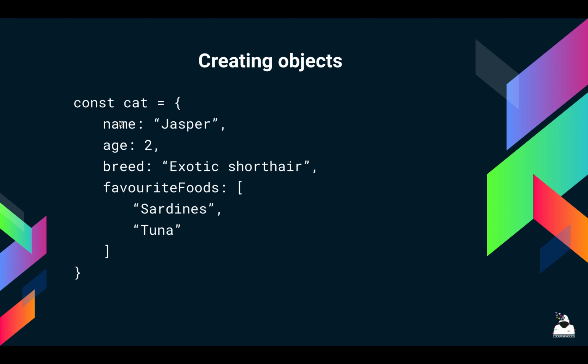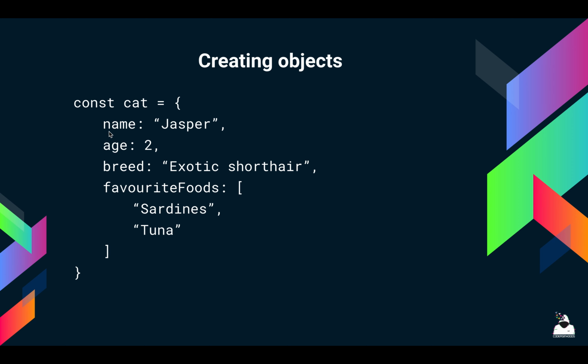The first line is not necessarily the first key value pair, because objects don't have an order. You cannot guarantee the order. This is just the first one that I wrote, or whoever wrote this has written name Jasper first. That doesn't mean it's the first value inside our object. You cannot guarantee the order of key value pairs in objects.